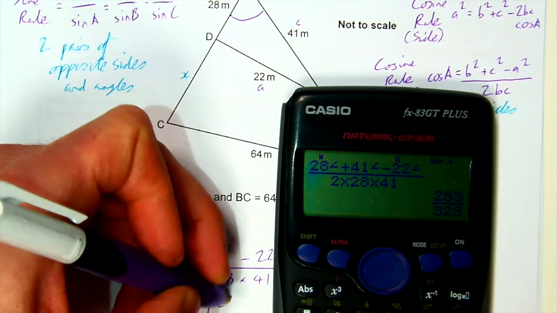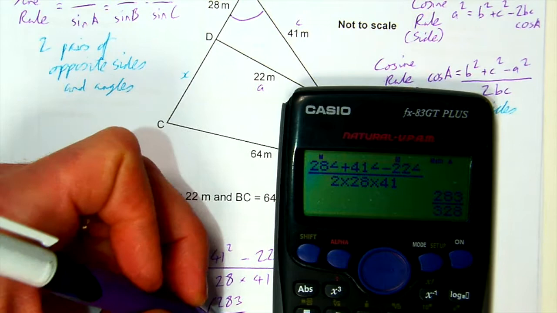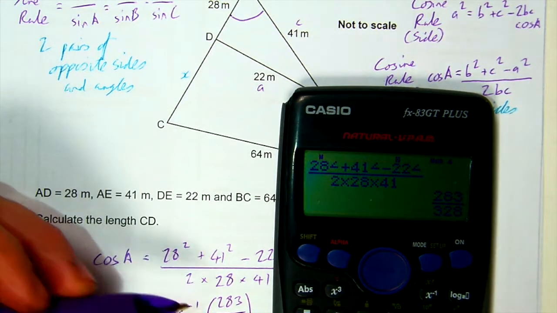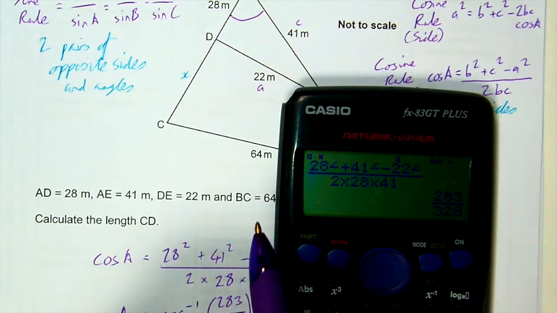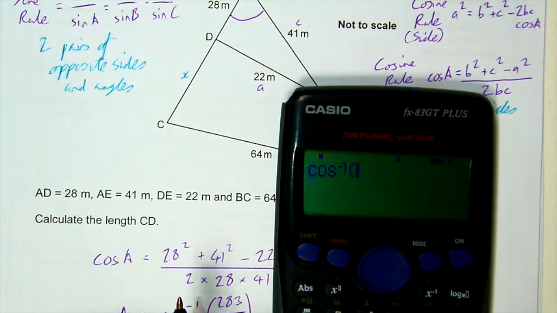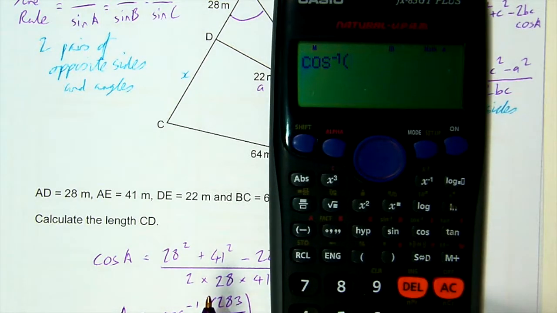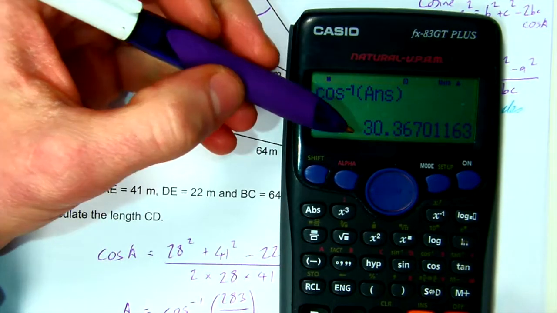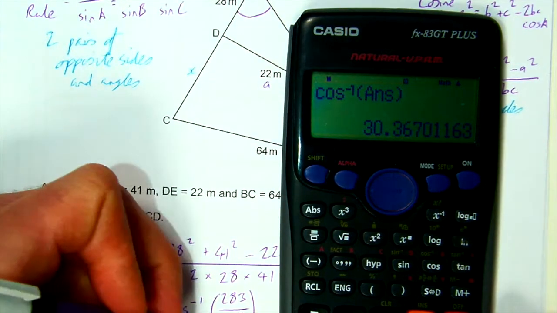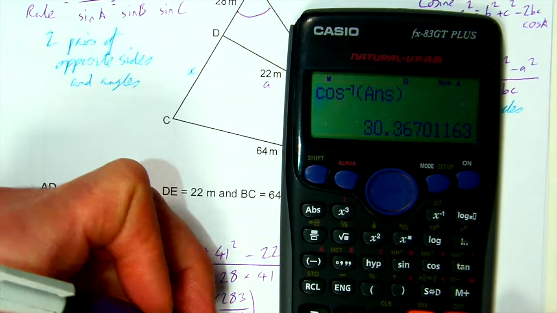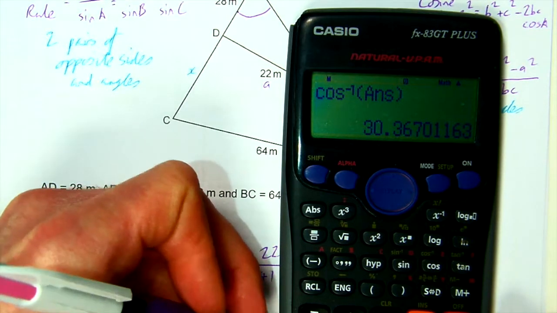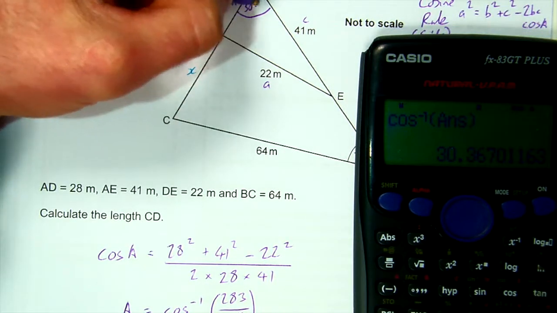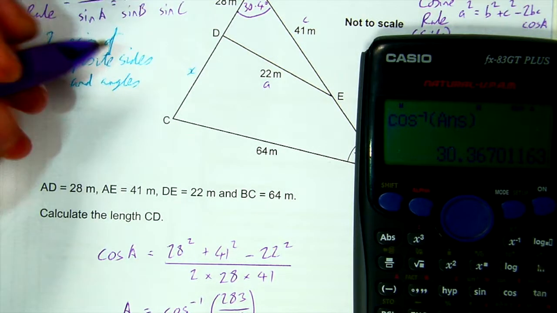So the inverse cos of 283 divided by 328. I'm actually just going to press the answer button to bring up that previous one. Okay, and there we have it. So that's my angle for A. We'll call that 30.4 at the moment for one decimal place. Okay, so I've got my angle. I'm going to label that on the diagram now.